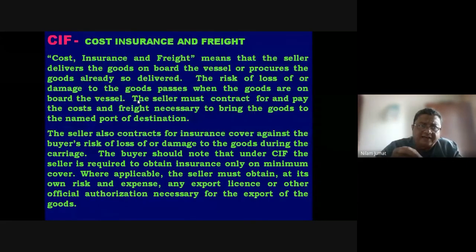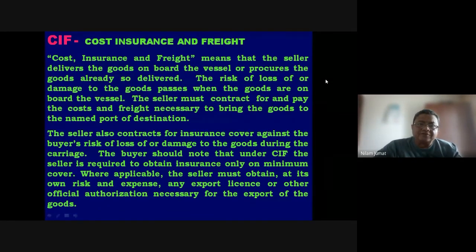So when it comes to CIF, the exporter's delivery point is same as FOB, on the ship in Colombo port, right? Then he pays the freight from Colombo to Jeddah, okay, and then also he takes insurance from Colombo to Jeddah. That is CIF, right?